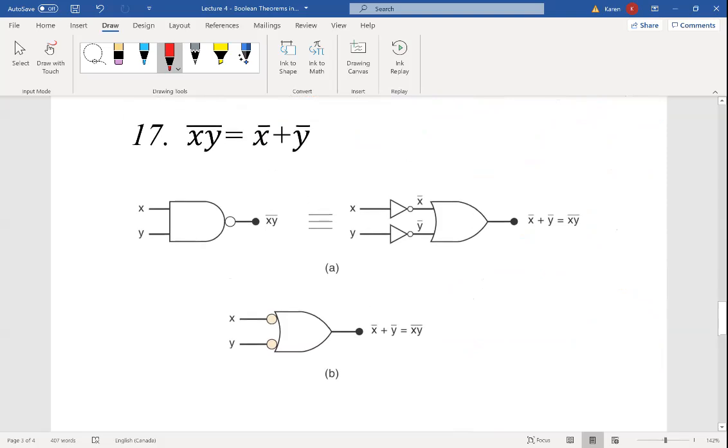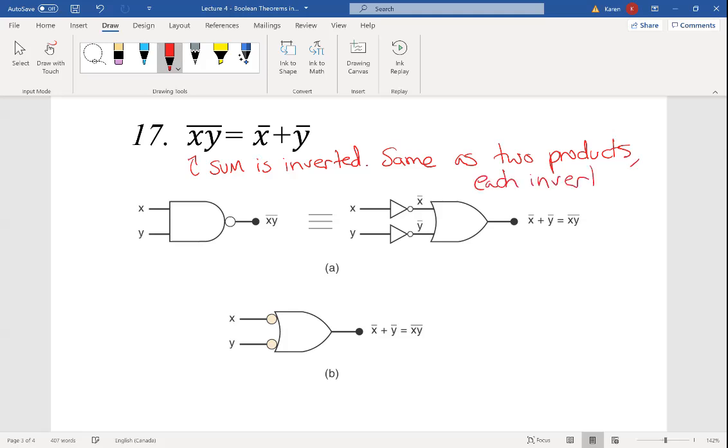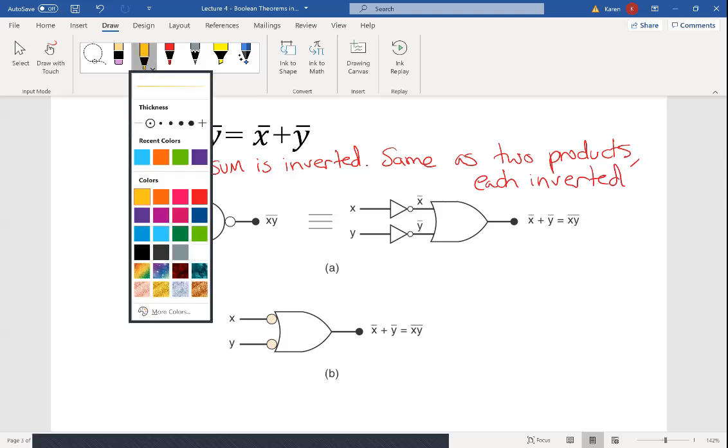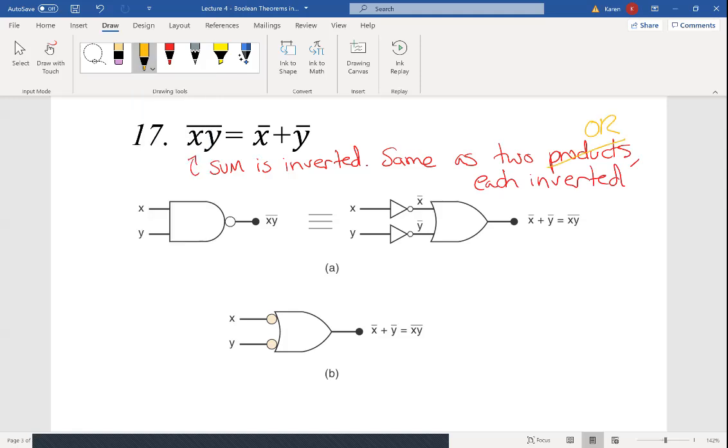Let's look at number 17. In this case, you have a sum that is inverted. That's the same as two products, each inverted. But again, we're not doing sums and products because this isn't regular math. We're doing ORs, and it's an AND combination that's inverted.